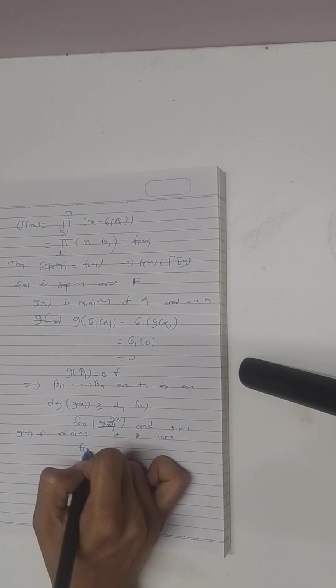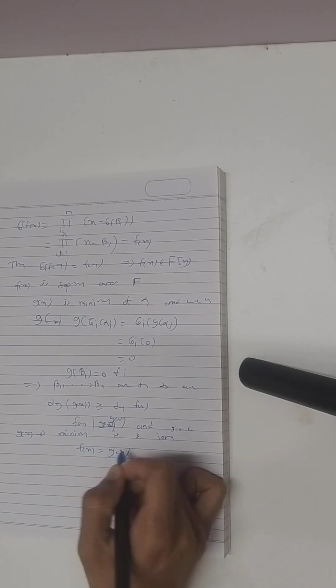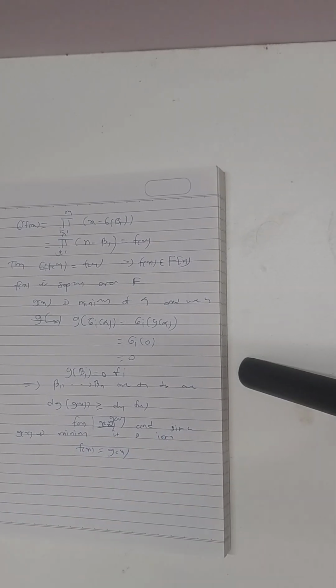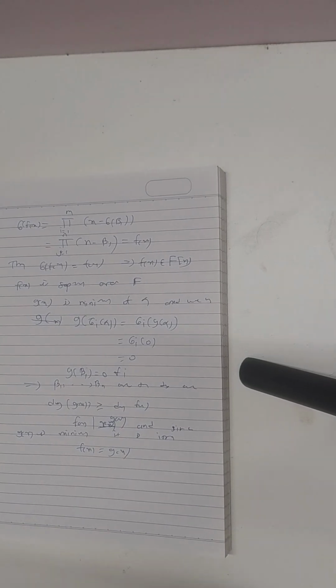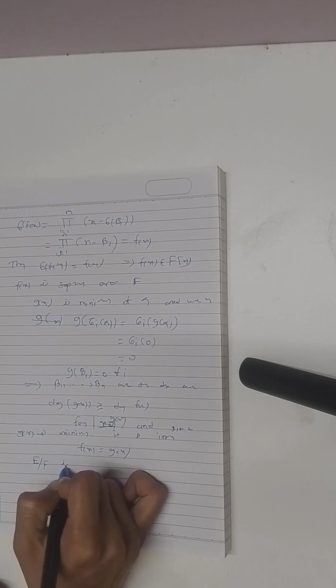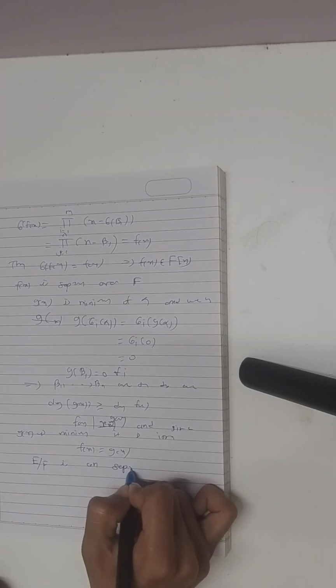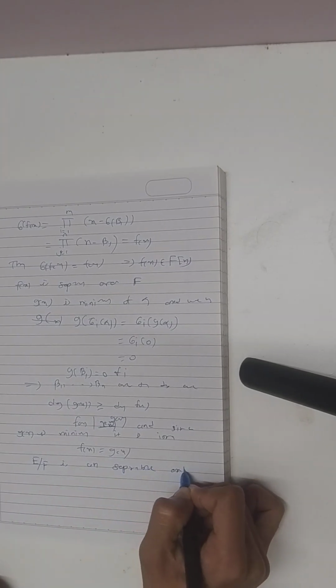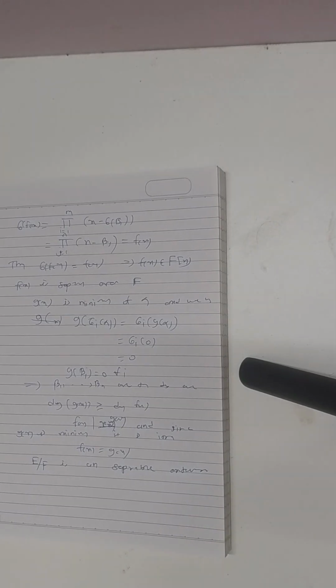So f of x will be equal to g of x. So that proves that for any element alpha of E, there is an irreducible polynomial which splits linearly over F. So E over F is a separable extension.